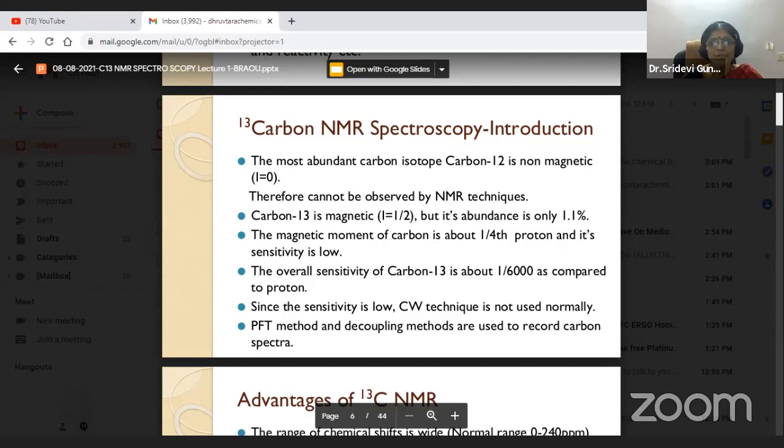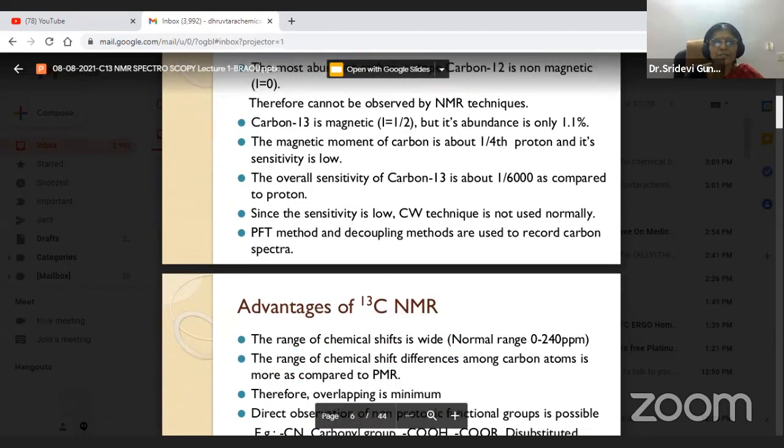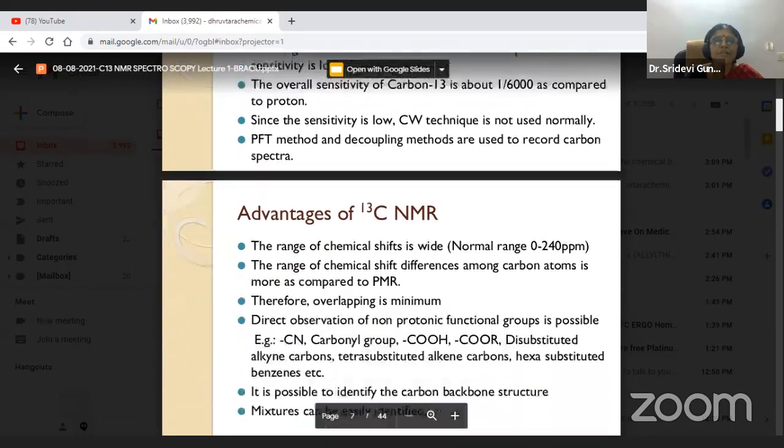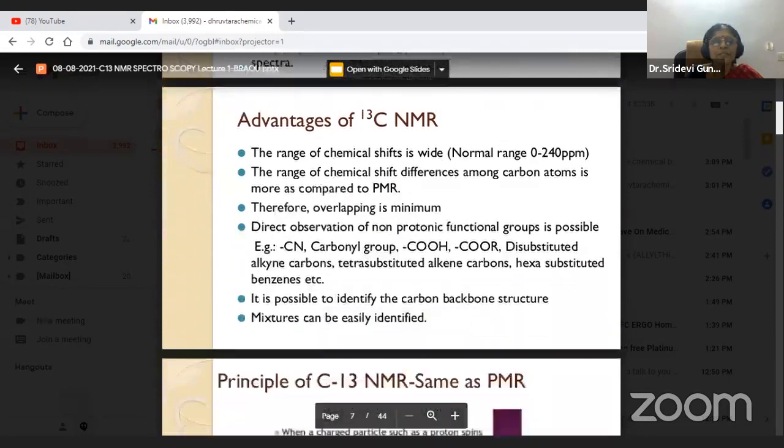We will discuss this later. In the continuous wave method, each and every absorption is recorded continuously, and if the sample is small, it may take 1 week or 10 days to record just one spectrum. That's why the CW technique is not used normally, especially when recording a C13 NMR spectrum. Of course, even for proton NMR nowadays they use FT NMR only.